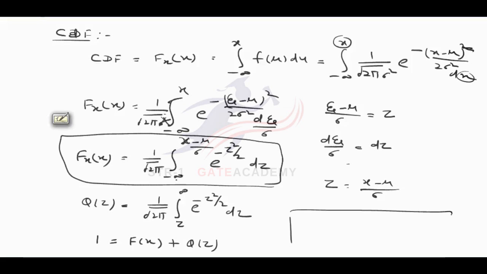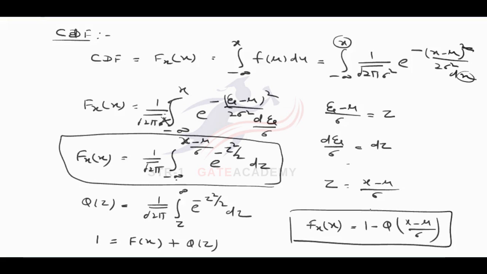So we can conclude that the CDF can be calculated from this formula if the complementary error function is given to us. If the CDF is given to us, we can calculate the complementary error function. There is a direct relation between these two. The Gaussian pulse is very important in this regard.